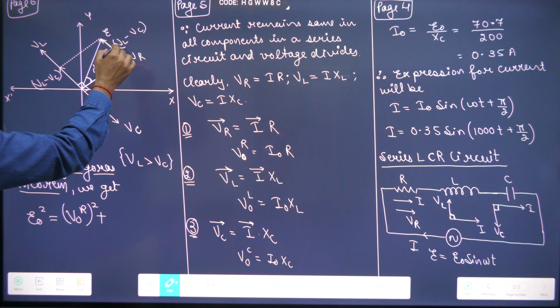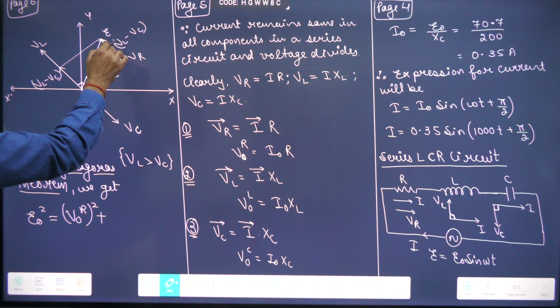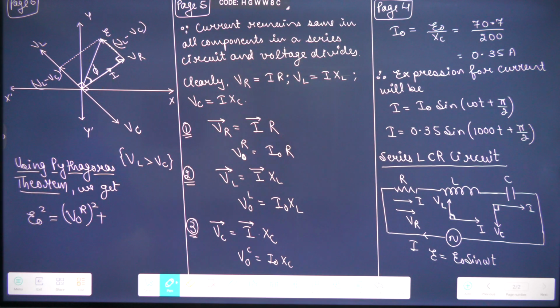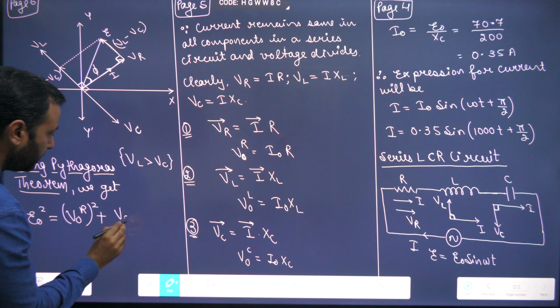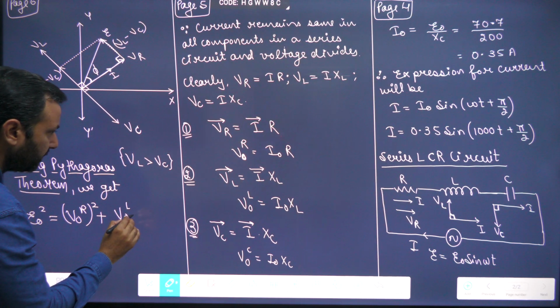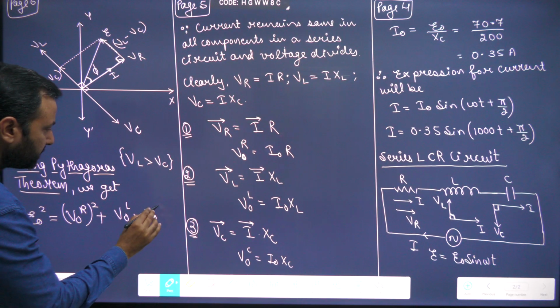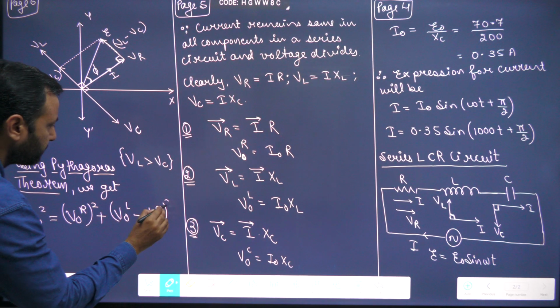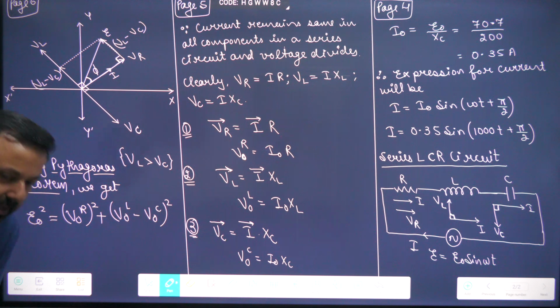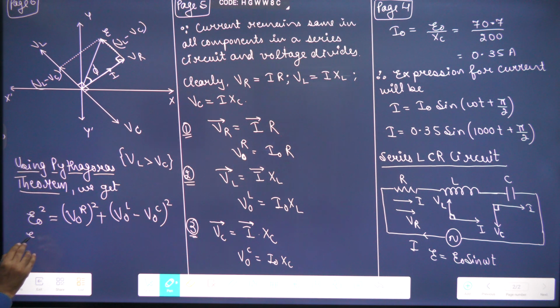Perpendicular square means VL minus VC square, where VL means V naught L and VC means V naught C. So V naught L minus V naught C square. Okay, is this clear? Shall we move further?